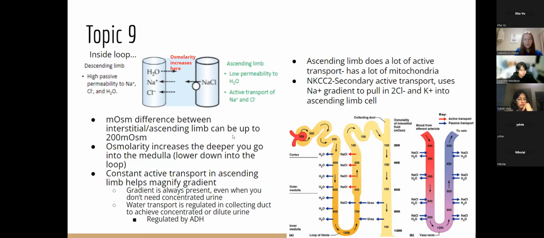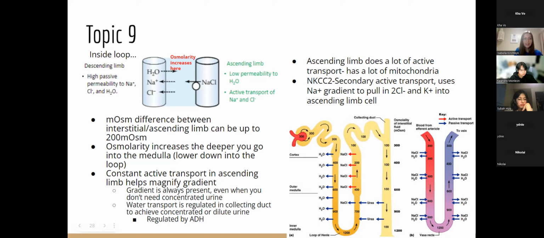And the difference between this and the descending limb can be up to 200 milliosmolar. So if you go down this, it'll never be greater than 200 milliosmolar between the descending and the ascending limb.